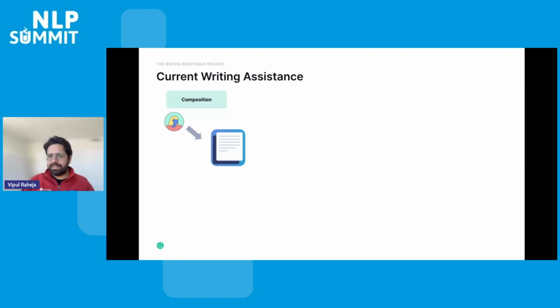So here you can see that this interaction with the writing assistant starts even before a single word in the final document exists. The user can write the first draft like they did before, or they can now provide instructions or input what needs to be written, and the system will generate the first draft.